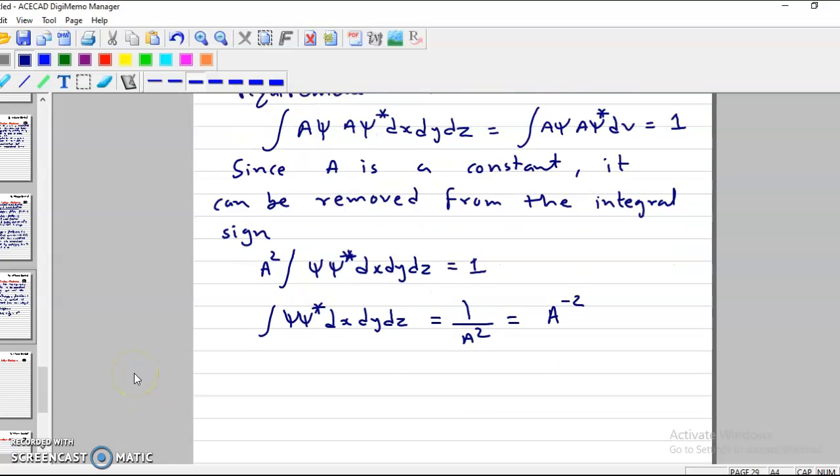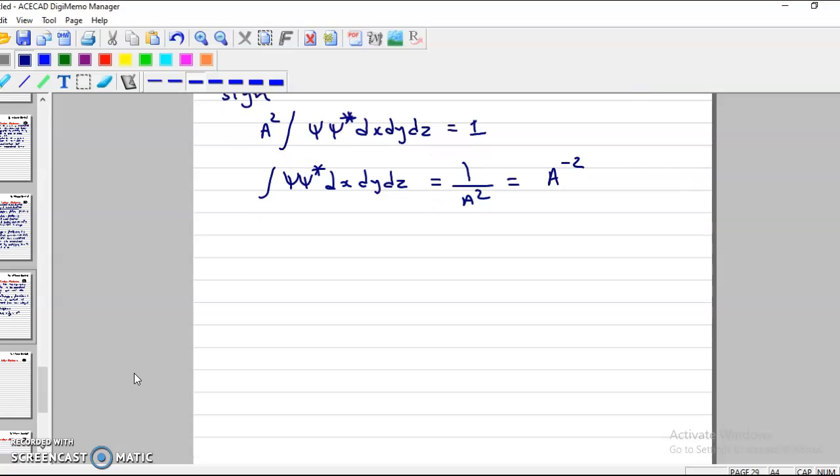Okay, so here a is known as a normalizing constant, because it is making this non-normalized wave function into a normalized wave function.